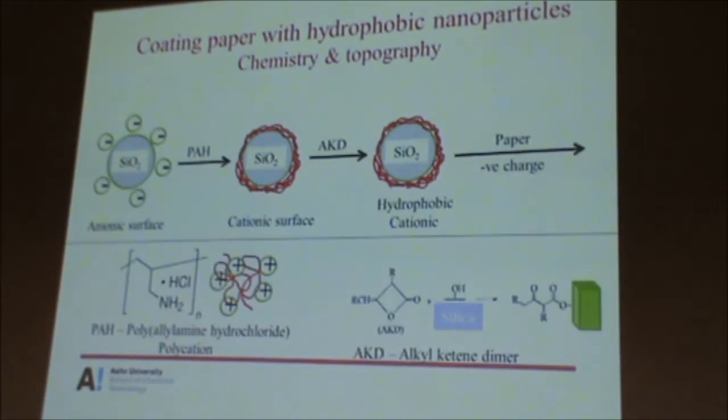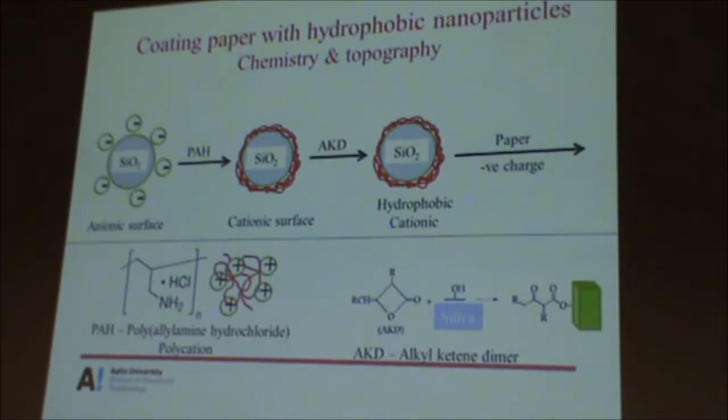Okay. So now here is a procedure. What they do, they take a silica particle, which has a negative charge, and they adsorb this PAH cation. So the particle becomes positively charged, and then they add this AKD that adds hydrophobicity. So you have a positively charged silica nanoparticle that has hydrophobic property.